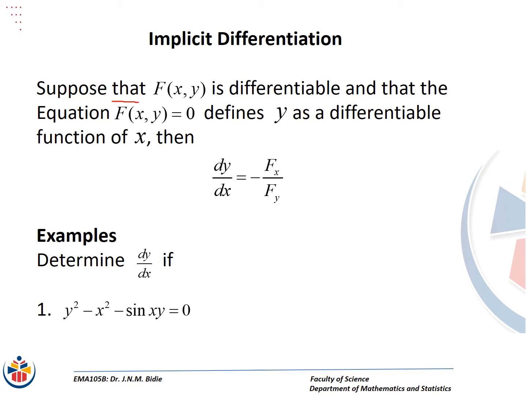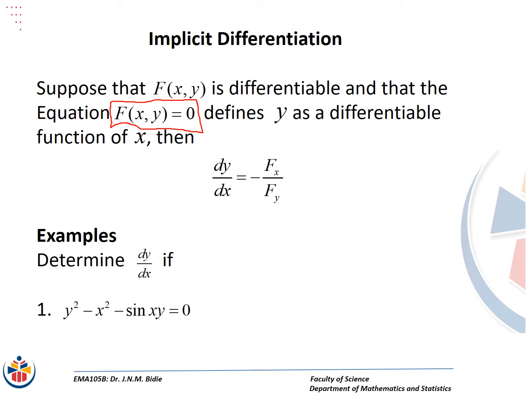The standard format, f of xy must be equal to 0. So should you be given any expression, make sure you simplify it and take everything on the right hand side to the left hand side and equate the whole expression to 0. That's the first thing.